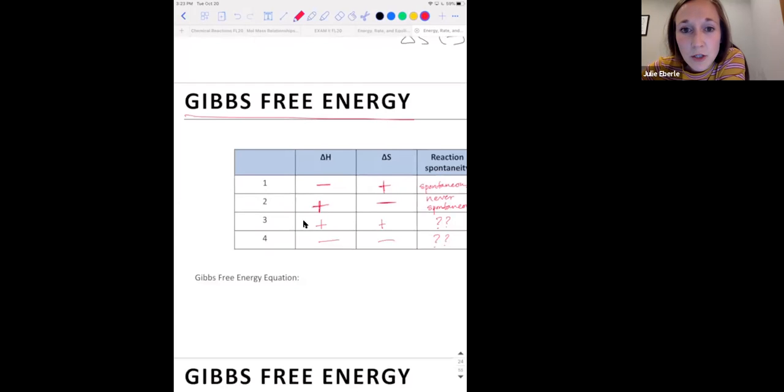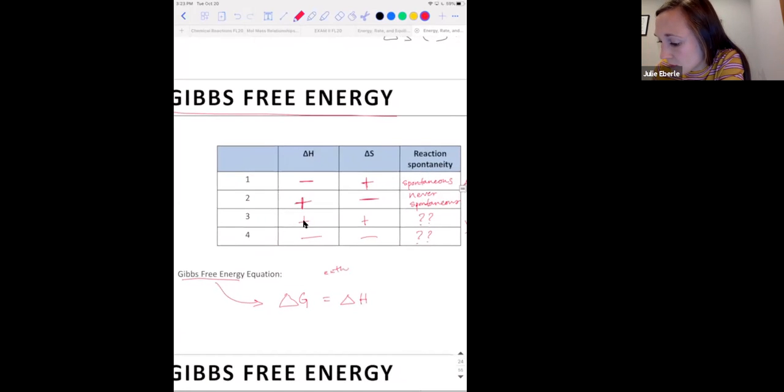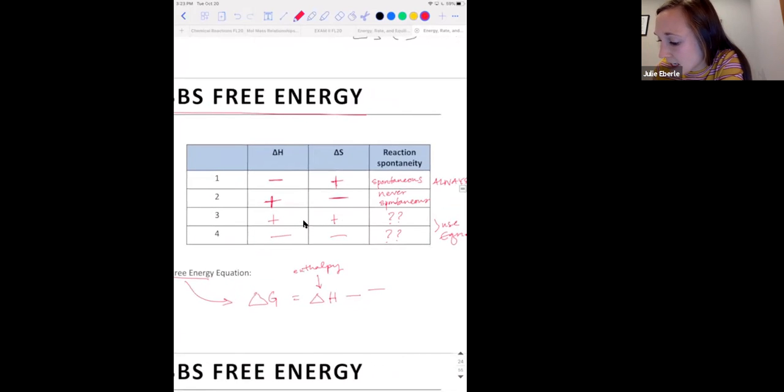So I'm going to introduce this equation to you. Once you understand the terms of it, which you already know, delta H and delta S, it's just a plug and chug type of thing, okay? So don't be overwhelmed by the terms. There are a few things to know about it, and we'll do several practice problems with it. But Gibbs free energy says this: delta G, which is our new term, this is Gibbs free energy, delta G, equals delta H, this is our enthalpy term, minus T. What is T?